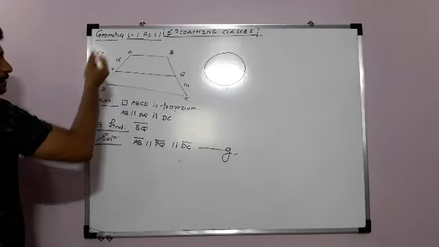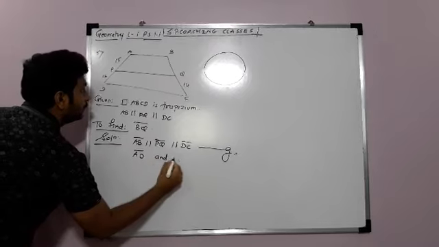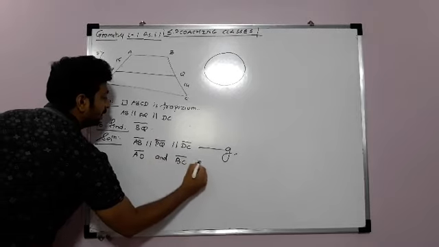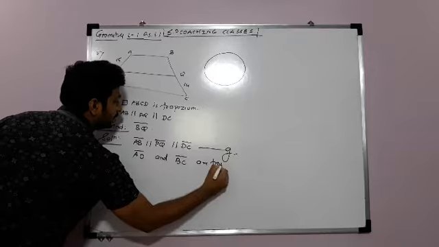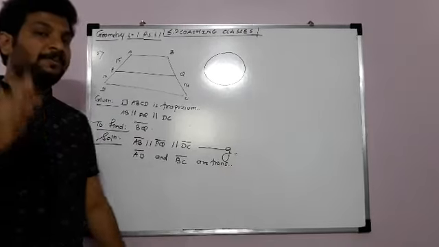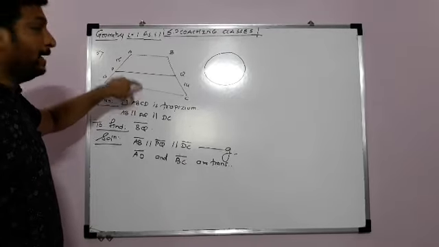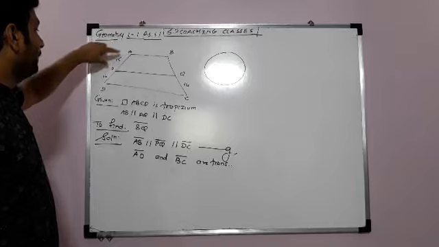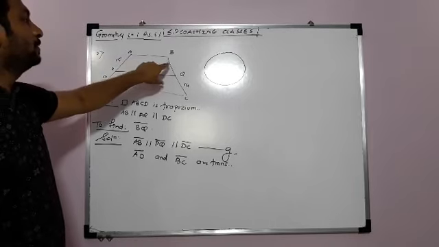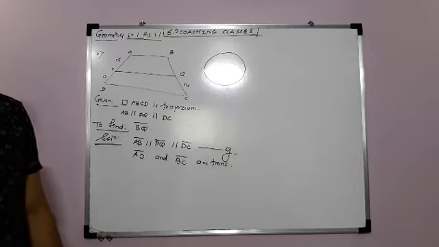Is it clear? And which are the transversals here? AD and what, guys? BC are transversals. Got it? Then we can apply the property of three parallel lines and their transversals. If three lines are parallel, then we know that AP upon PD is equal to BQ upon QC. Earlier I explained the property of three parallel lines.